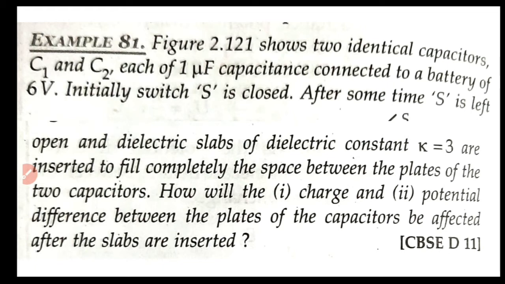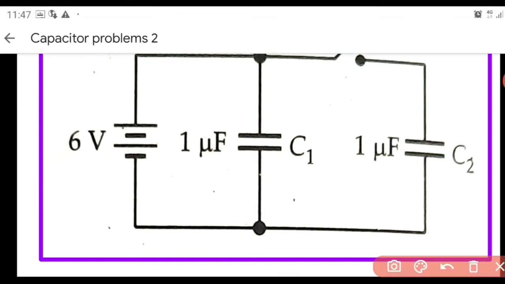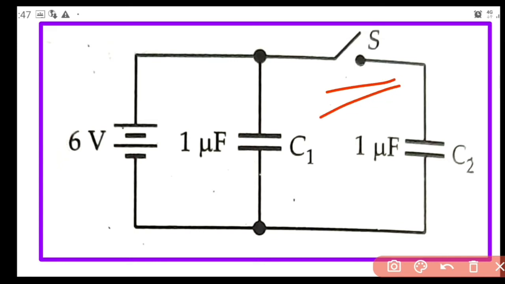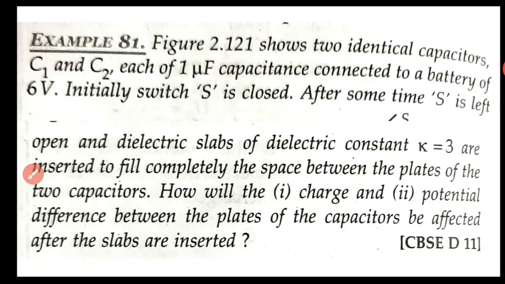So here we have the diagram. So two capacitors are of same capacitance, 1 microfarad. You have a switch here. You can see the switch. Okay, and it is connected to a 6 volt battery. So what is asked?